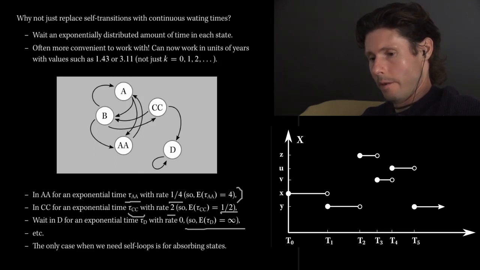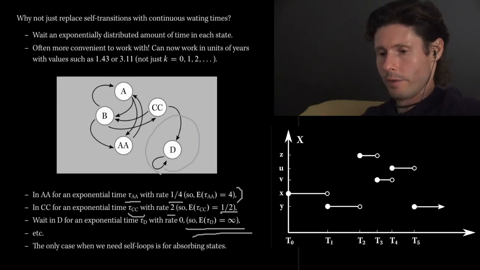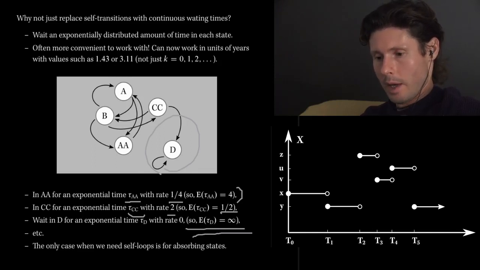And then of course this self-transition indicates what's called the 0 rate. So no rate of transitioning, which translates to an infinite stay at the state. So this state is special and the self-transition is special. In general, they won't be there, because in general we do want to transition from one state to another.